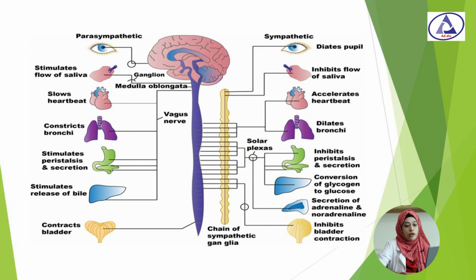Sympathetic function: on the eye, dilate the pupil; on saliva, inhibit the flow of saliva; on the heart, accelerate the heartbeat; on the bronchi, dilate the bronchi; on the stomach, inhibit peristalsis and secretion; on the liver, conversion of glycogen to glucose; on the adrenal gland, secretion of adrenaline and noradrenaline; on the bladder, inhibit bladder contraction.